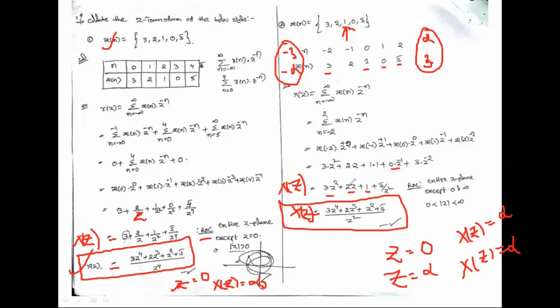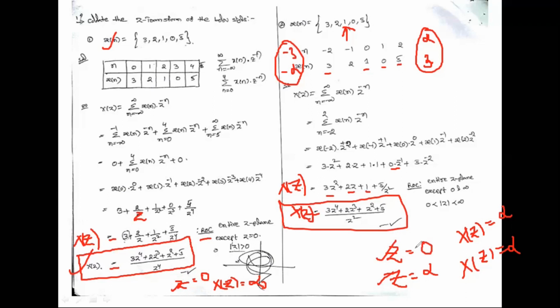But in this equation, the last term becomes 5 by infinite. 5 by infinite becomes 0, and the remaining 2 terms become infinite. So in the previous condition, the ROC was the entire z plane except z is equal to 0.